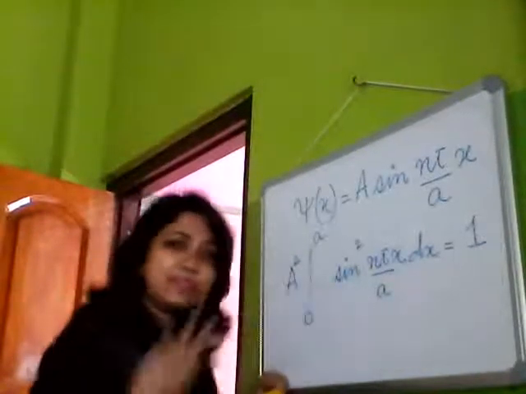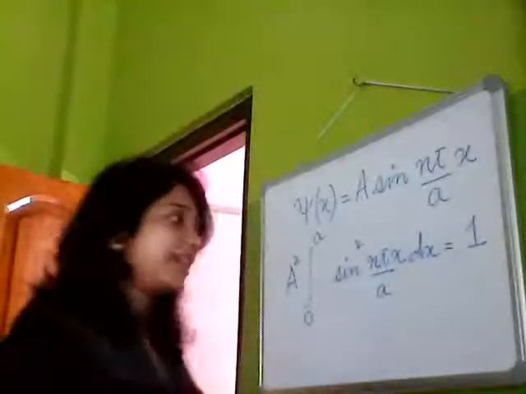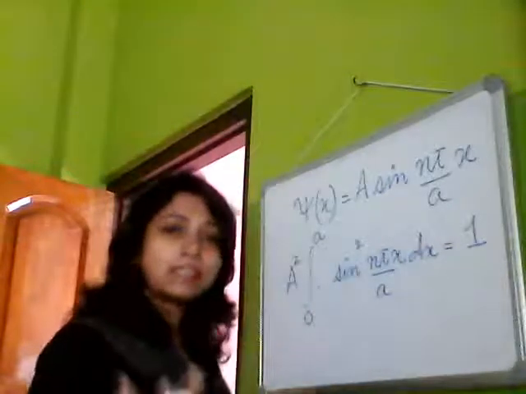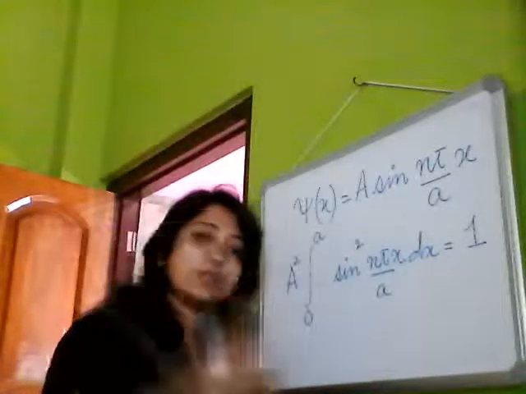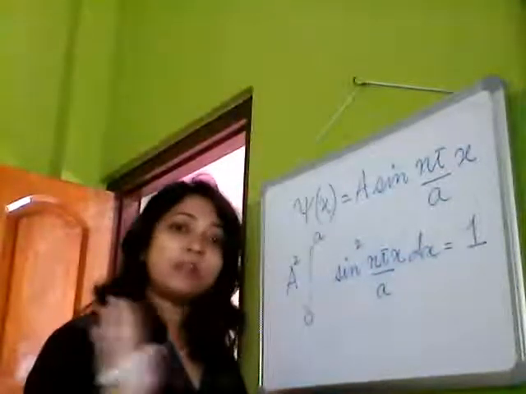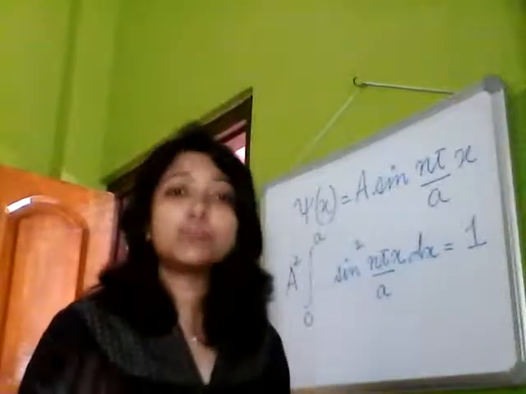Right? Now, you all must be remembering from your class 11, 12 days that when I have a sine square theta or a sine square x function, we generally reduce it. We lower the power to single power, which means I will not be integrating it as a sine square. Rather, I will take it to a cos 2 theta, right?